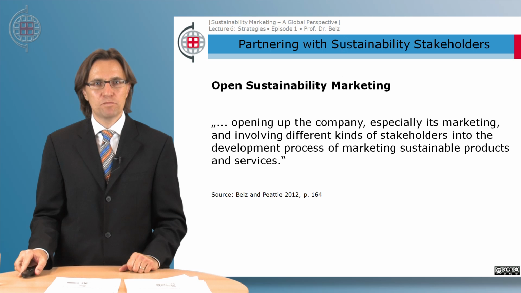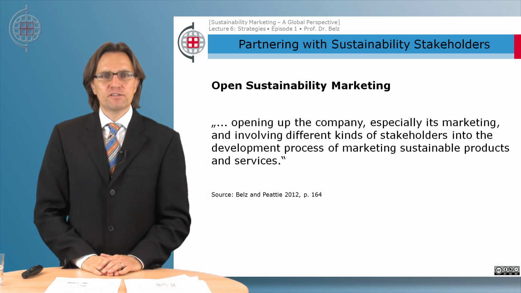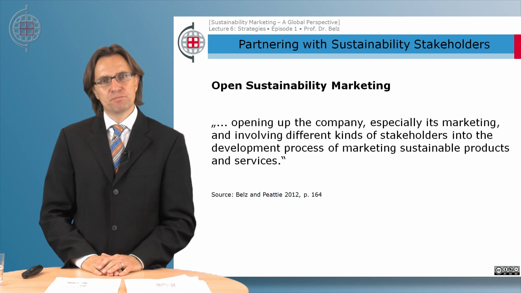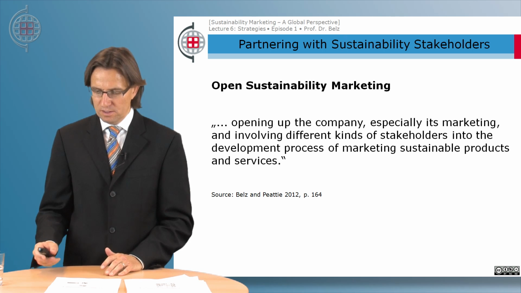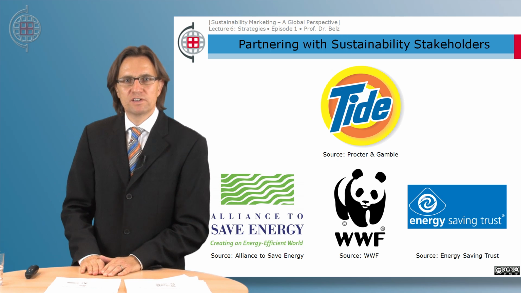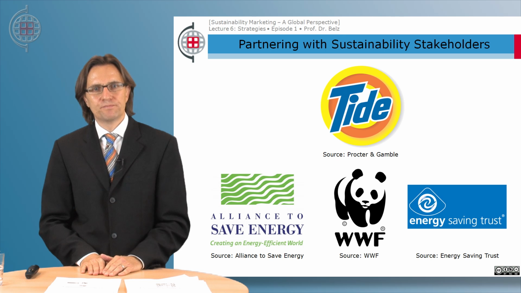Another possibility would be open sustainability marketing. It means opening up the company, especially its marketing, and involving different kinds of stakeholders in the development process of marketing sustainable products and services. Let's take, for example, Procter & Gamble and the product Tide Cold Water.